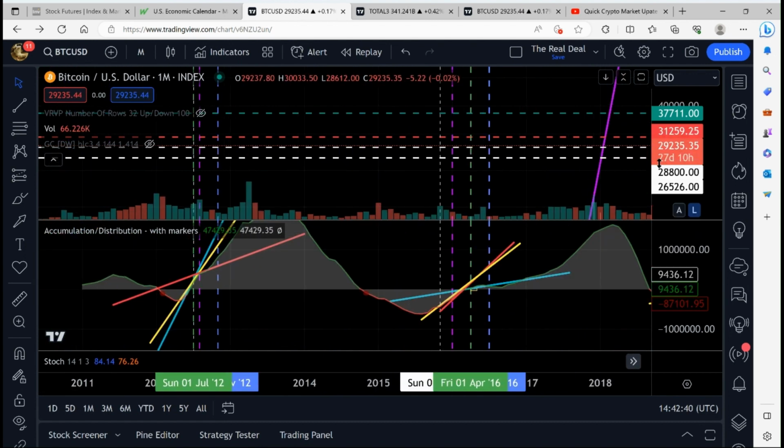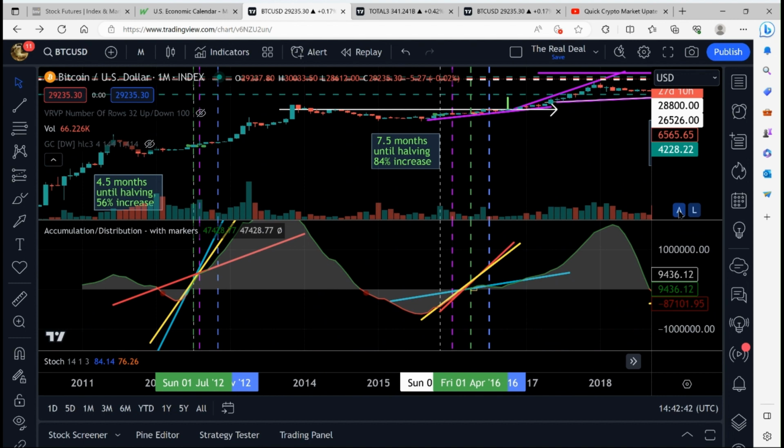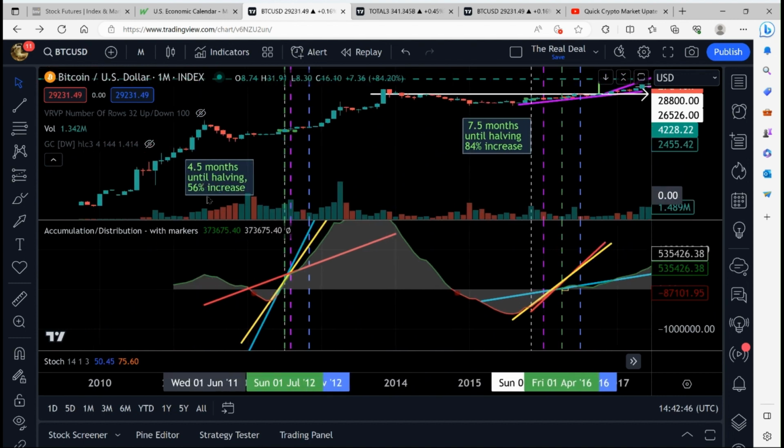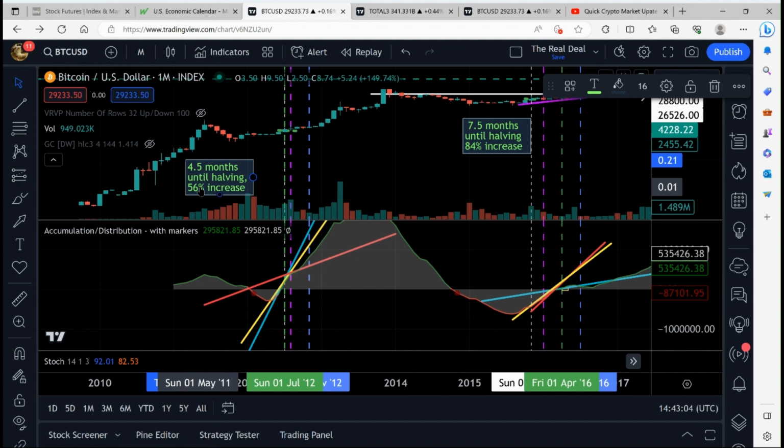The other thing I have on the chart is that I measured the amount of time from when we initially crossed through the top of the Gaussian channel on the weekly time frame to the halving event, and the time it took and the price increase.